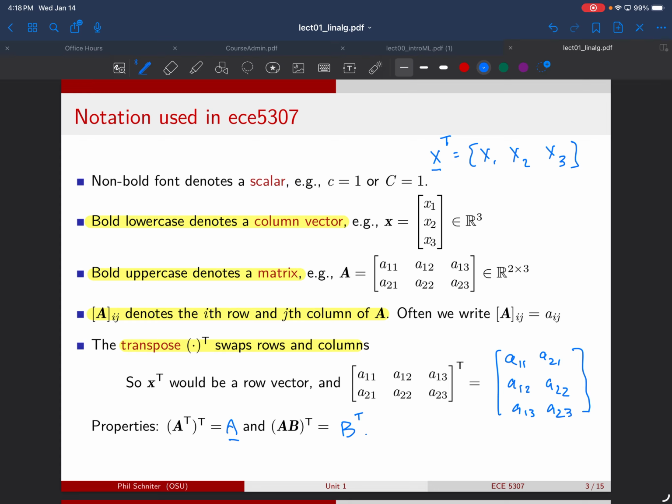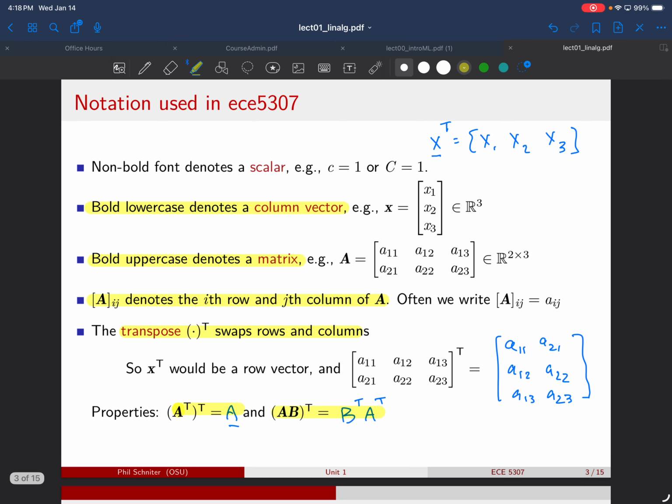So this is B transpose, A transpose. These are just basic properties. I'm assuming you all know this, so I'm just going through to jog your memory and emphasize some of these really important key things.